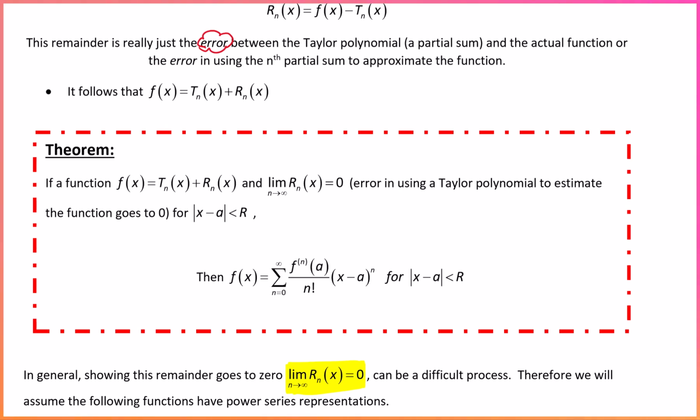So this will be true for the functions that we look at. But we're going to work more on the actual process of representing a number of functions by power series, and then using those power series to answer greater questions about those functions.